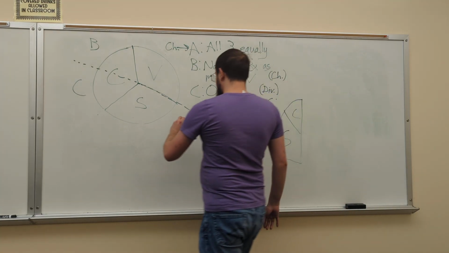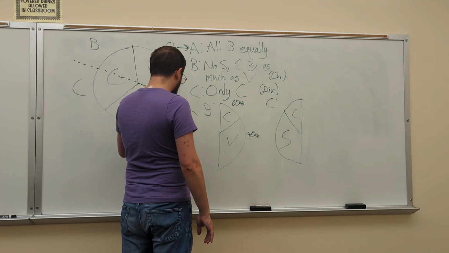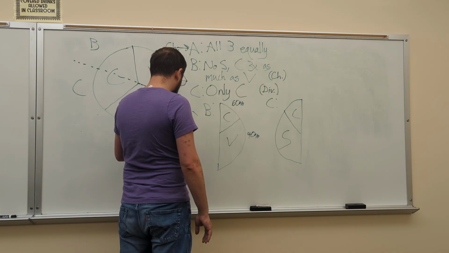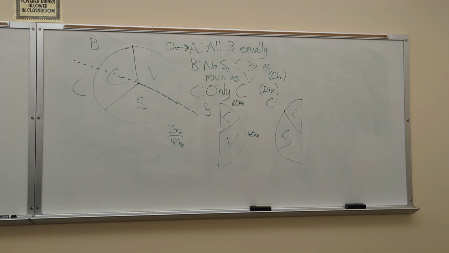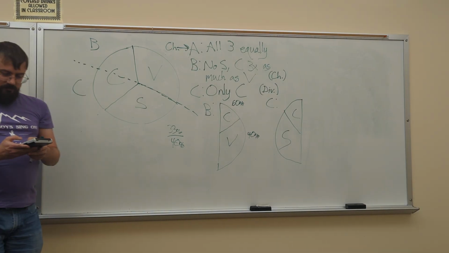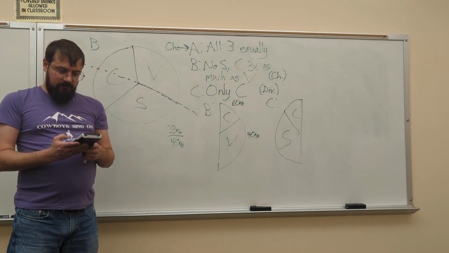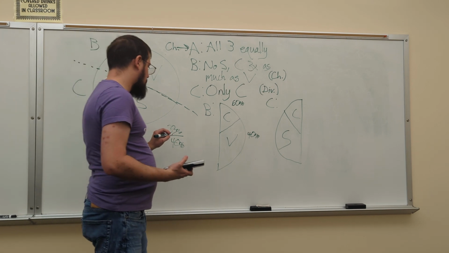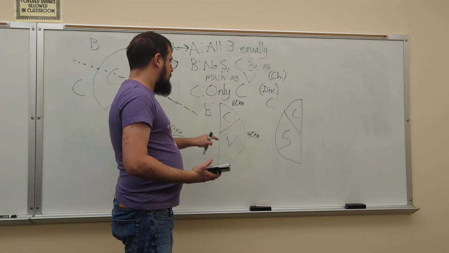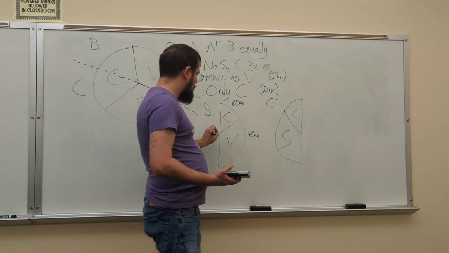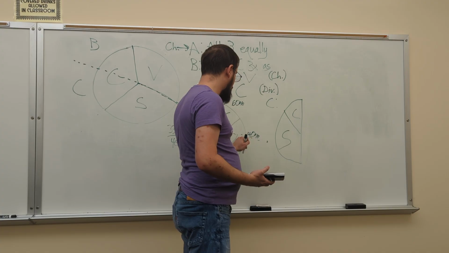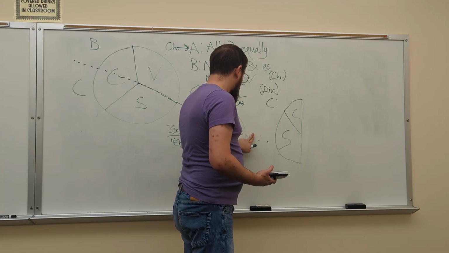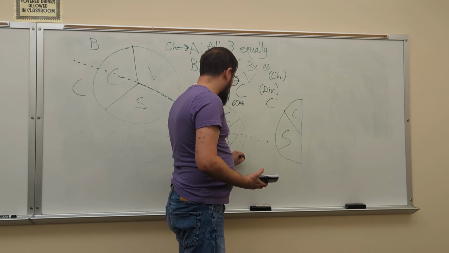So 33% over 40% is going to give us 82.5%. So basically, 82.5% of the vanilla section, we'll roughly mark right around here, is going to be part of the first subshare.